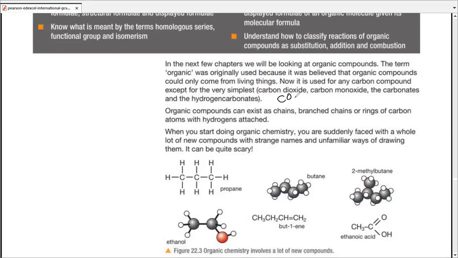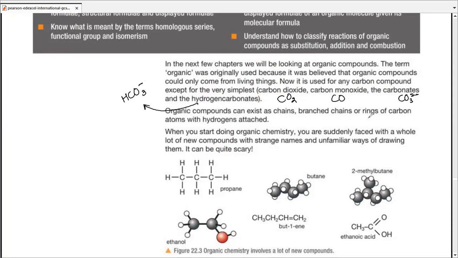For example, carbon dioxide, carbon monoxide, the carbonate ions and the compounds made up of carbonate ions, and finally the hydrogen carbonate ones. Though all of these compounds consist of carbon, they are not included in organic chemistry.